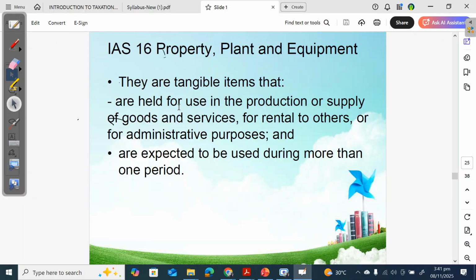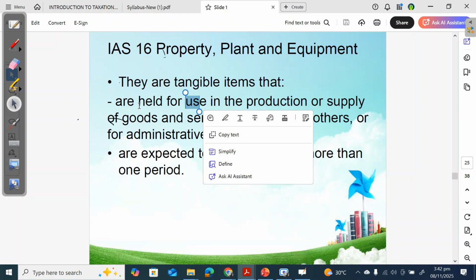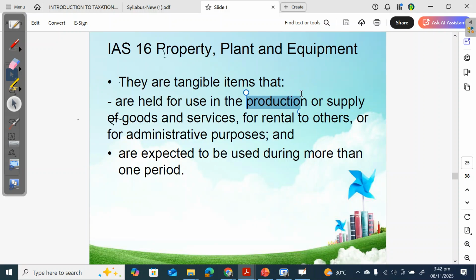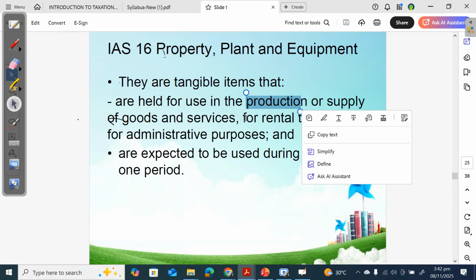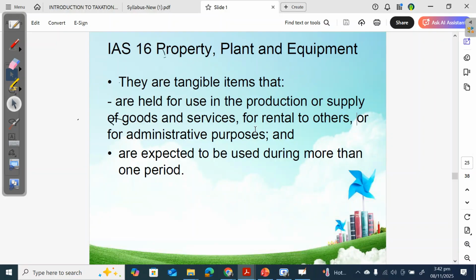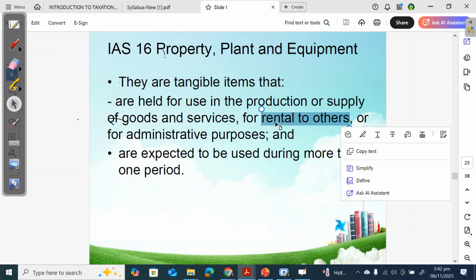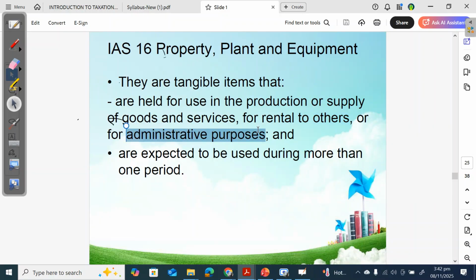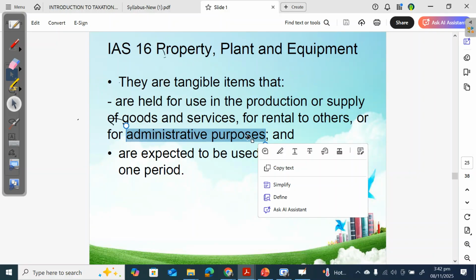So they are tangible assets that are held for use. We use them for what? For production of goods or services, for rental to others, or for administrative purposes, like an office building.